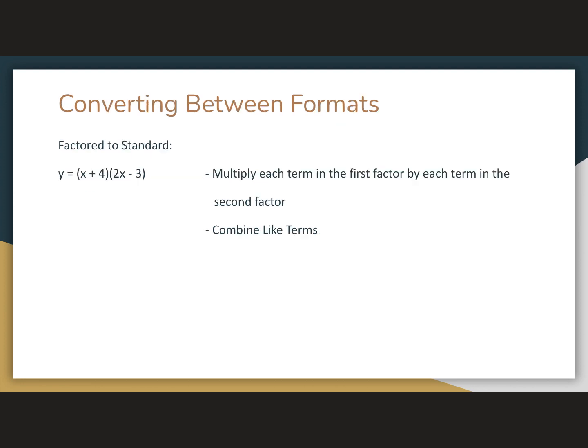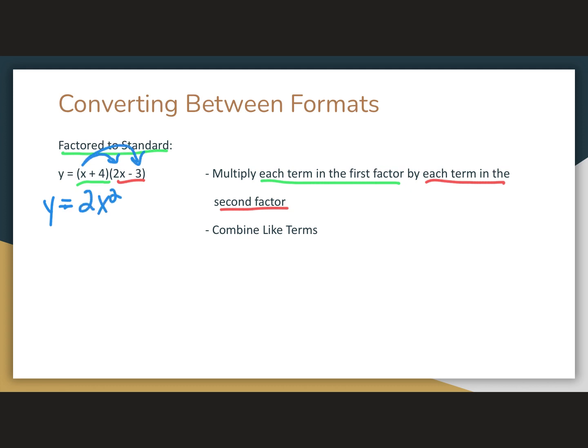So if we're going from factored form to standard, this is pretty easy. You're going to multiply each term in the first factor, this is the first factor, by each term in the second factor, which is here. So we do x times 2x. Sorry, I forgot my y equals. X times 2x gives me 2x squared.